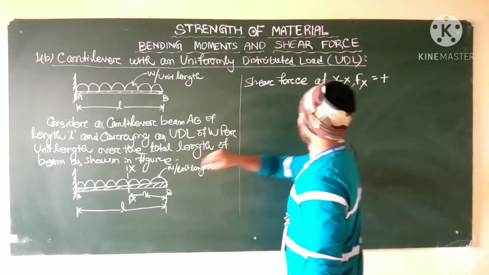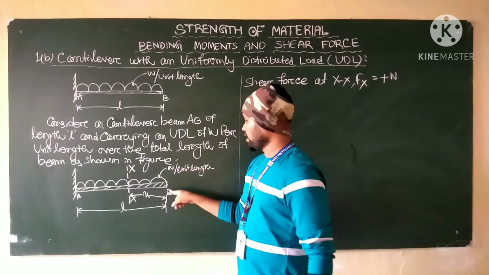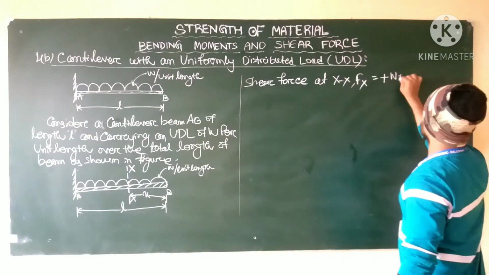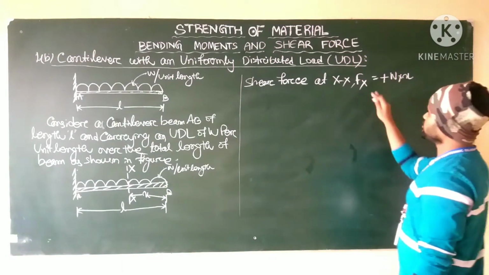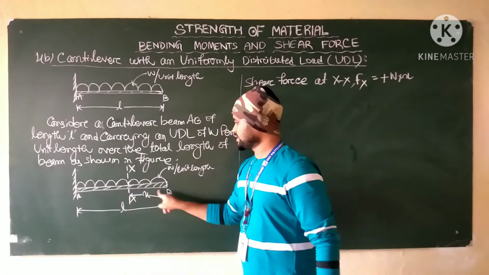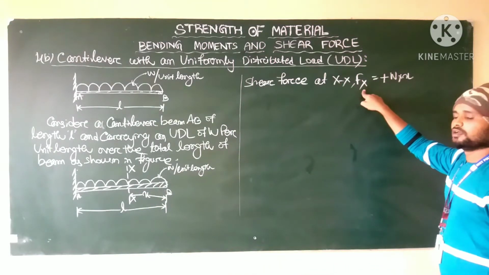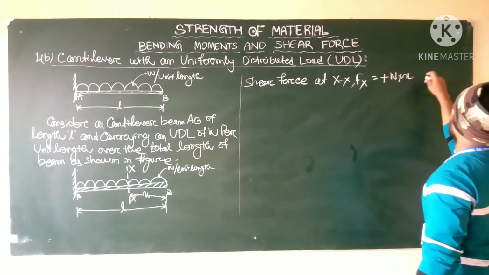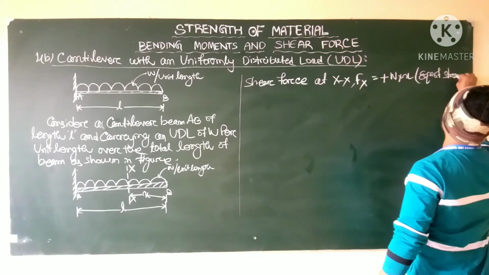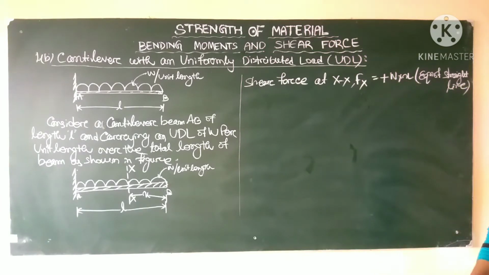What is the amount of load? W. Here the load is multiplied with the distance over which the UDL is applied, that is x. So W into x. This is the formula for shear force: load into the distance over which the UDL is applied. Fx equals plus W into x, which is the equation of a straight line.